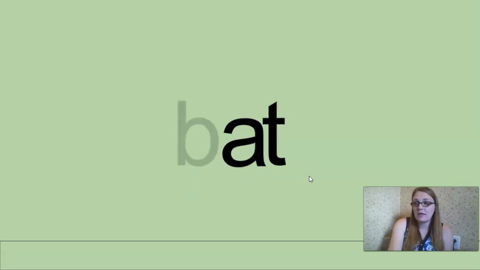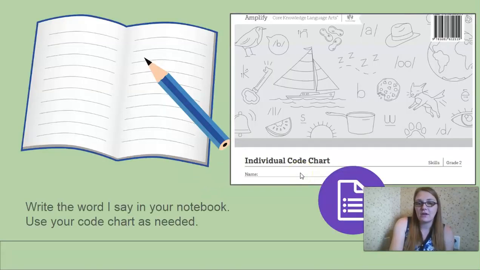Taking away the P again and adding in a B. We saw this word last time. B, at. Bat. And taking off the T and adding in a D, B, A, D, bad. Very good.